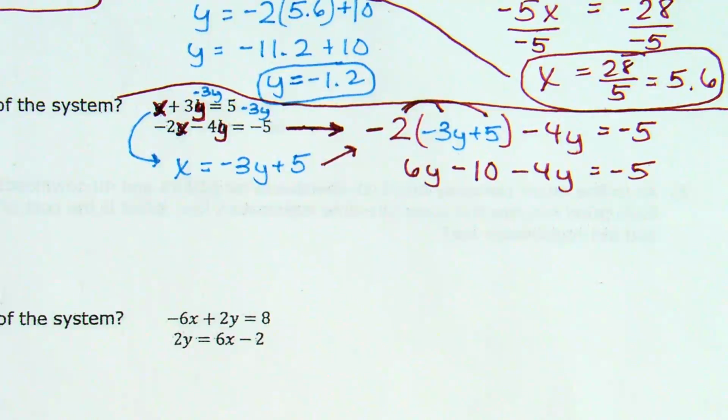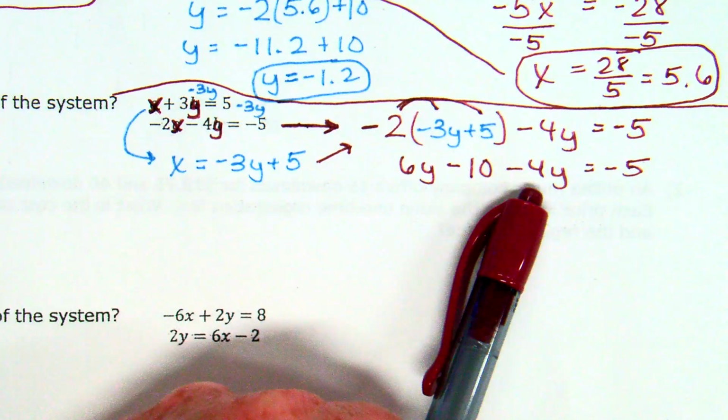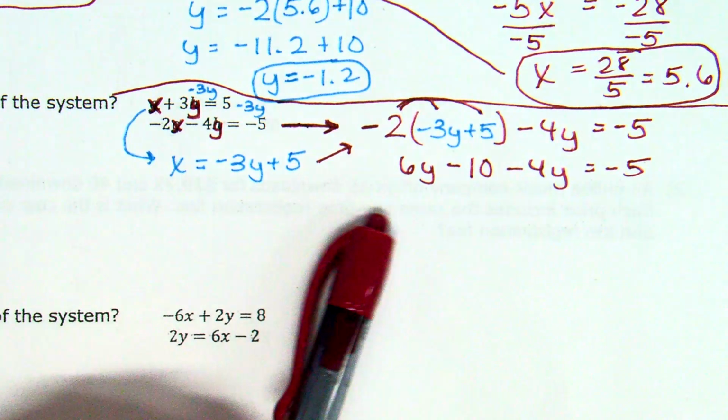Some of you guys goofed this up on chapter 1. How do I put that 6y and 4y together? Use the symbols that are right there. Do I try and do the opposite of things? Here's a big mistake, and some of you did it on the chapter 1 test. To put the 6y and 4y together, some of you would say, oh, it's minus 4y, so I'm going to add 4y. Why do I not do that?